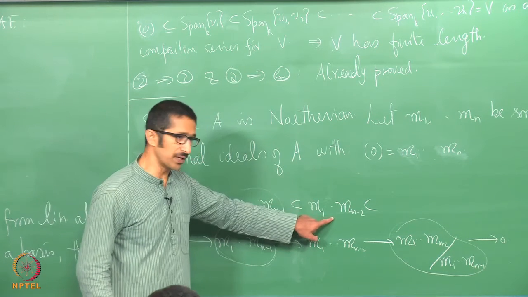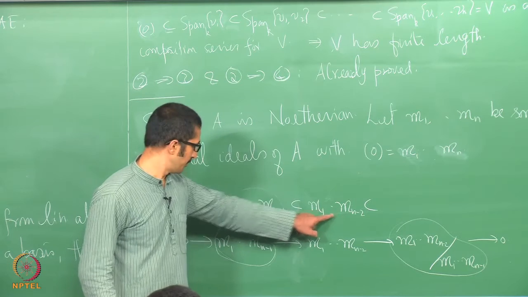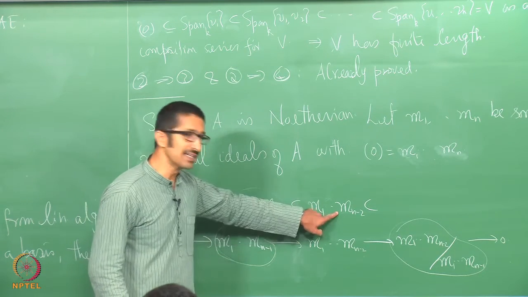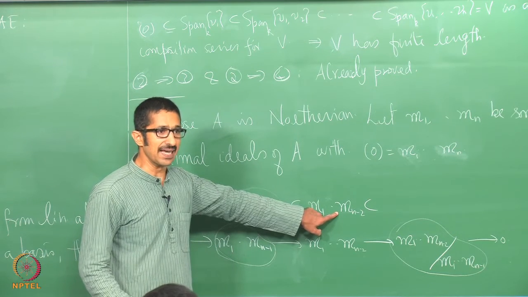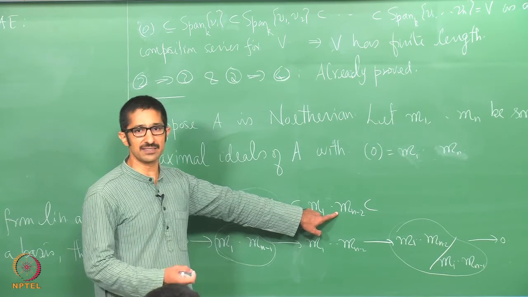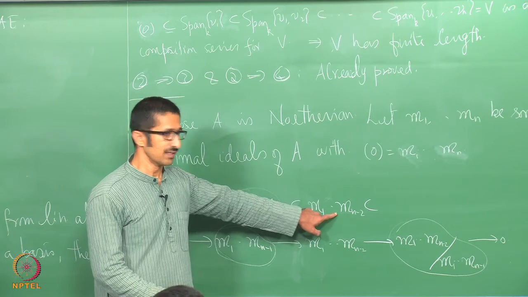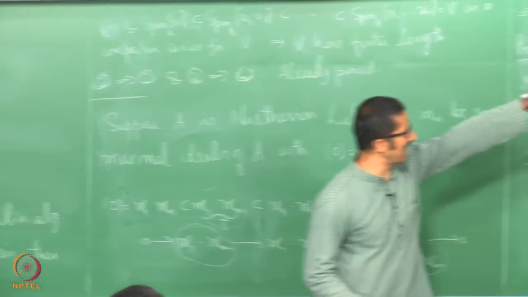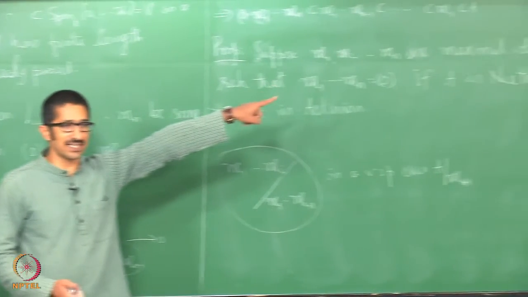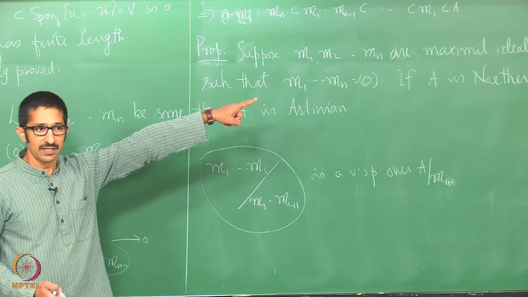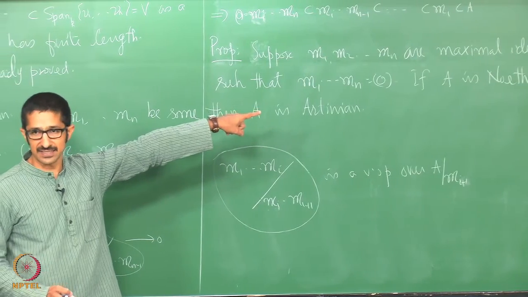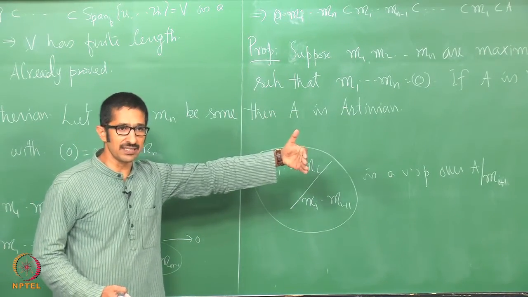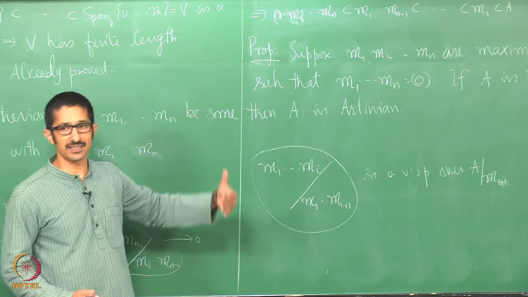Now, look at the next one, this mod this is a vector space over A mod Mn minus 1, therefore, this satisfies ACC if and only if it satisfies DCC. Keep going. So, ultimately what we get is A satisfies ascending chain condition if and only if it satisfies descending chain condition, or in other words A is Noetherian if and only if A is Artinian.